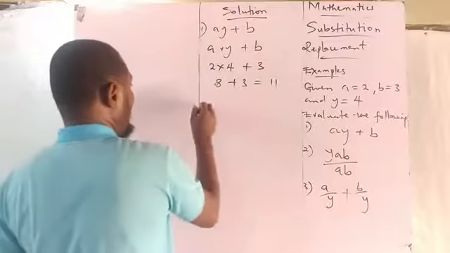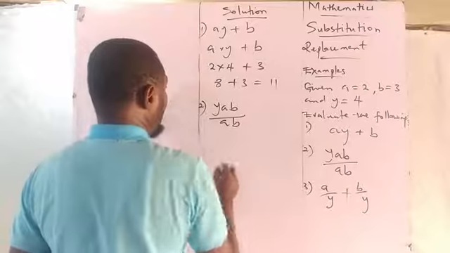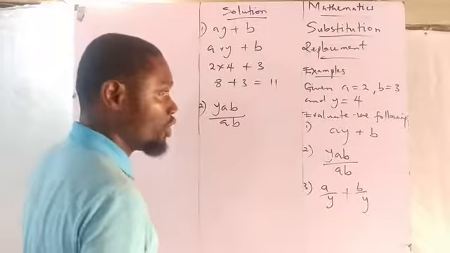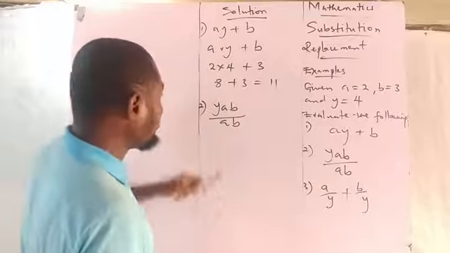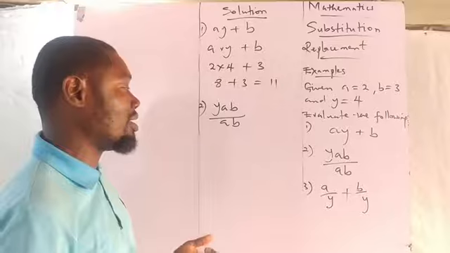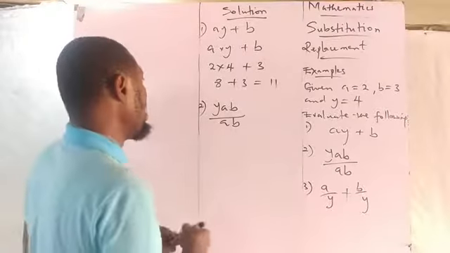Let's try number 2, YAB over AB. This is simple. Some people can choose to cancel out the A's and the B's and deal with Y alone, but let me deal with it using the method of substitution.